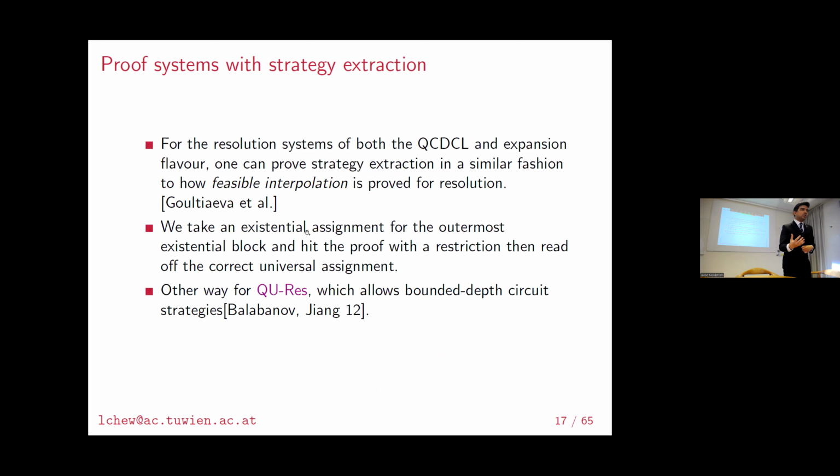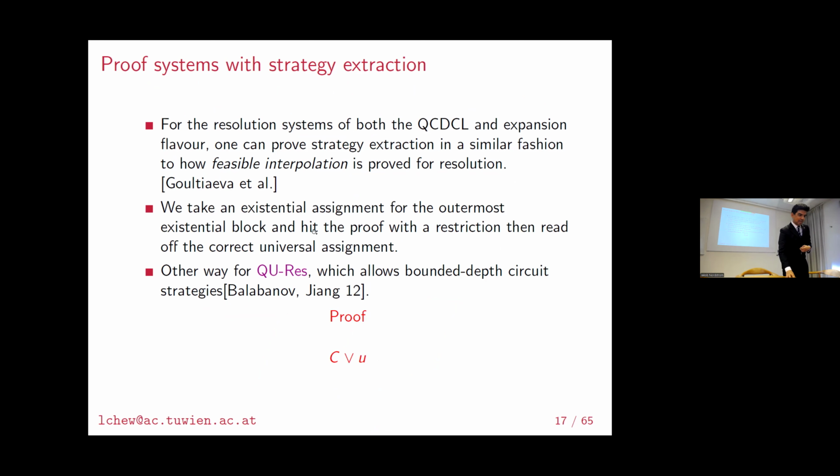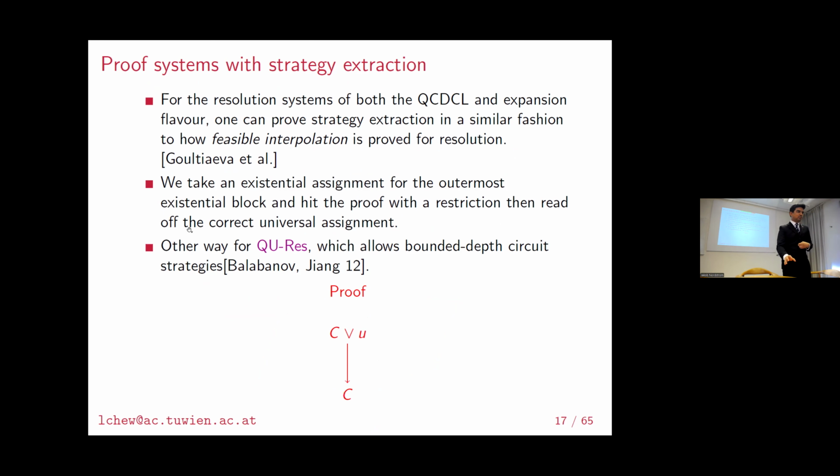For QU resolution, there's also a different technique, and this has the advantage that we can actually allow bounded depth circuit strategies. So in this technique, we have this reduction rule, right, where you drop a universal literal. We're going to observe the entire proof and start at the bottom of the proof, where we've got the empty clause, and construct a strategy backwards so that it works for the original clauses.